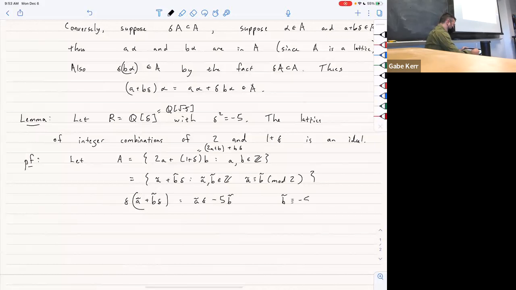Now negative 5 is congruent to 1 mod 2, since odd numbers are all congruent, and 1 times anything is itself.